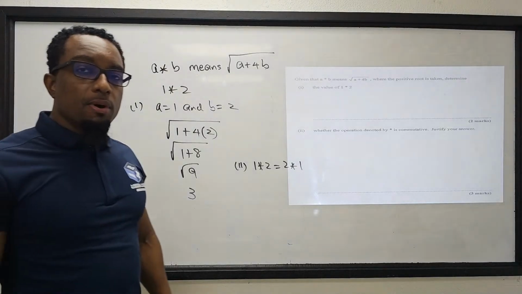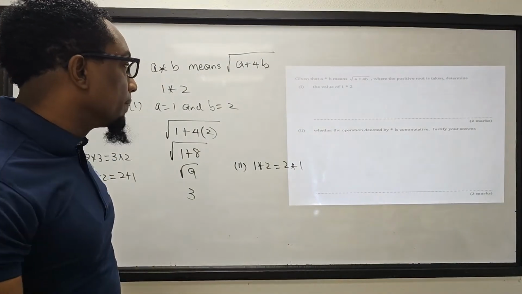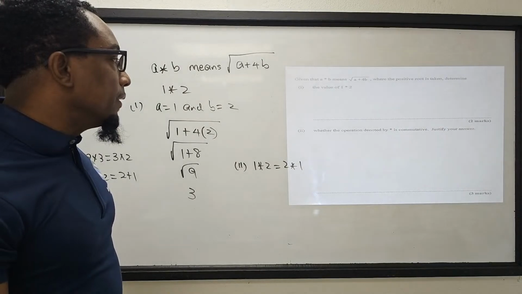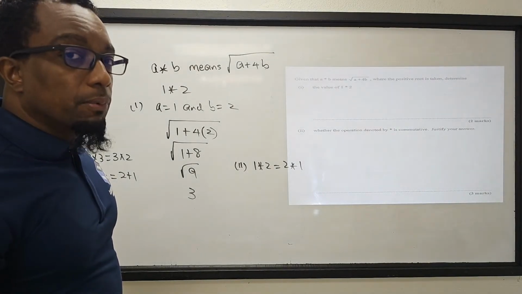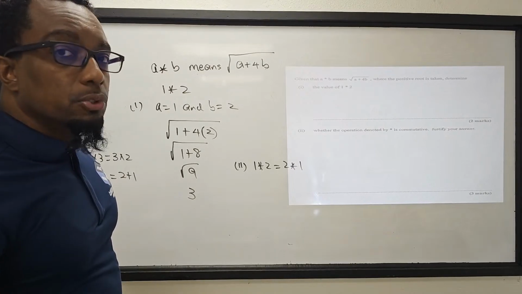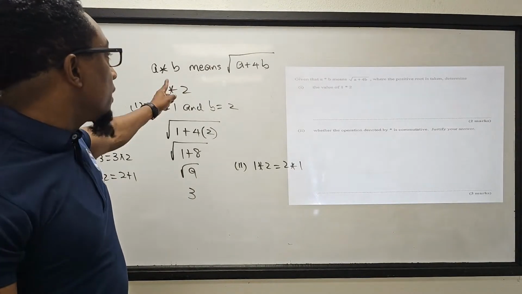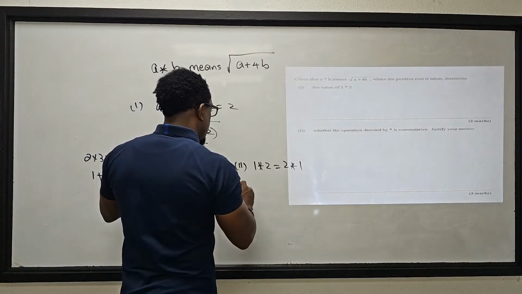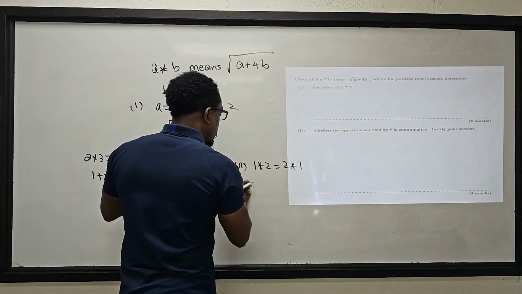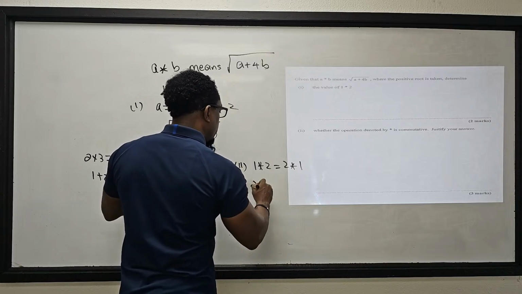The commutative law of multiplication and addition. So let's determine if we're going to get the same result with 2 asterisk 1 if it's commutative. We have the result for 1 asterisk 2. Let's find 2 asterisk 1. So we can have 2 asterisk 1.